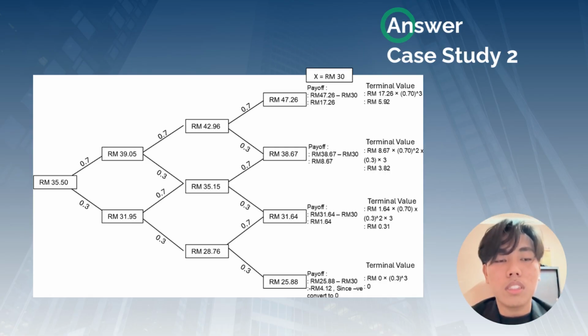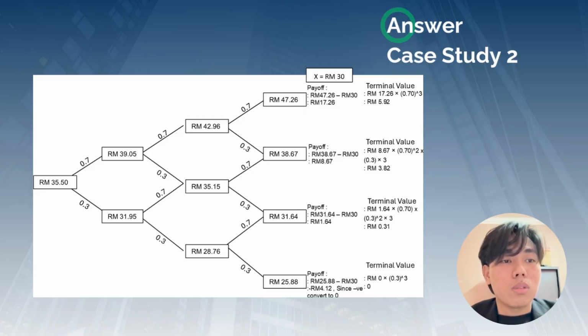What a call option is, is S minus X. We need to remember that for the call option it is S minus X. So for the first payoff, for the first box in path 3, it is S minus X. In this question they state that X is equal to 30 ringgit.